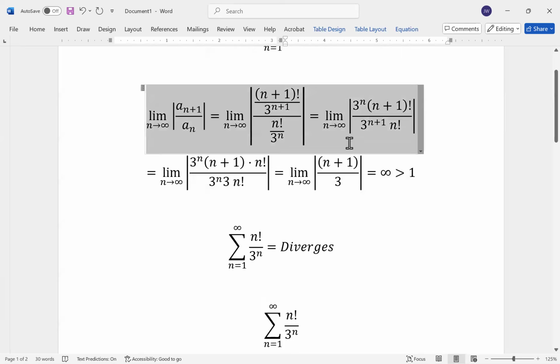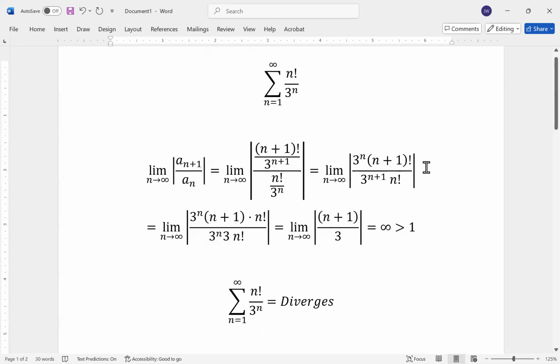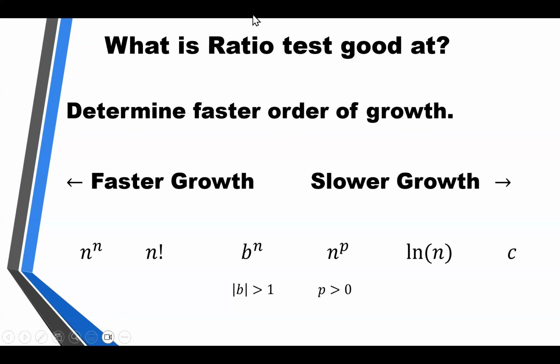We can calculate this limit if we want to, but what the ratio test is really good at is comparing different types of growth. And by different types, I mean different orders of growth. So what I'm talking about here is things like faster growth versus slower growth.